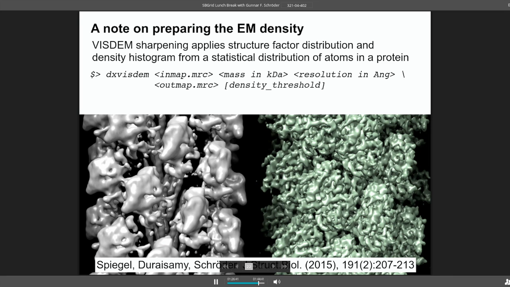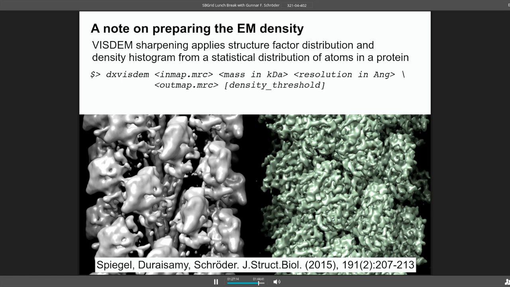I want to make one note on preparing the EM density map. We have a tool called Wisdom that sharpens the density map, and it does that by applying a structure factor distribution and a density histogram from a statistical distribution of atoms in a protein. So that also takes into account the shape of the density map. We basically fill the density map with the statistical distribution of atoms that you would expect from proteins.